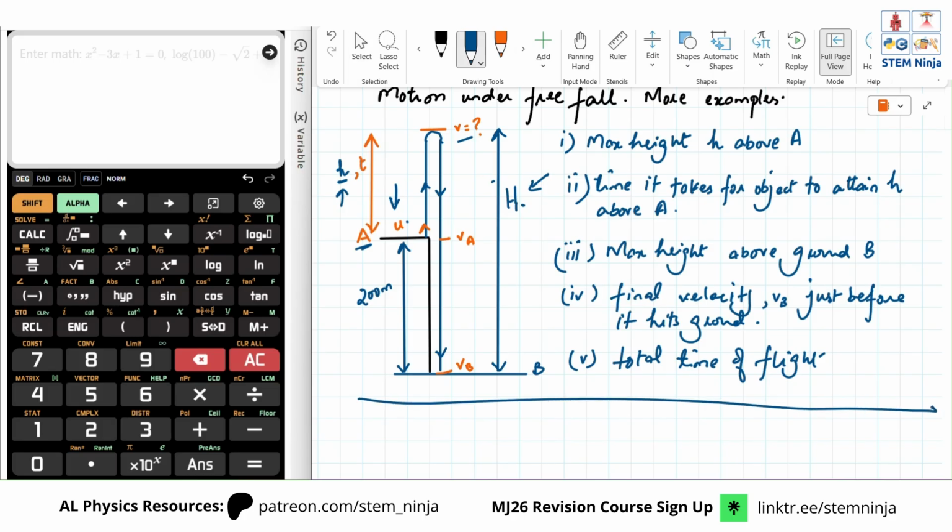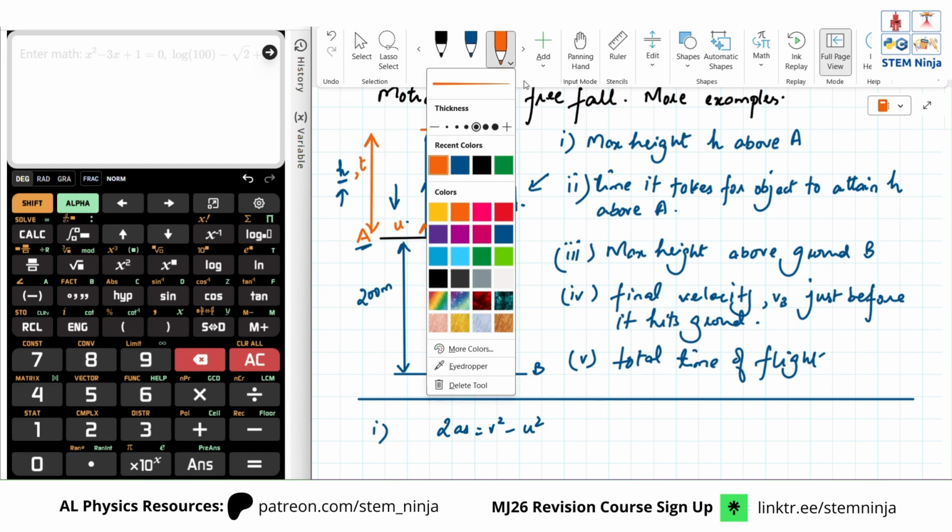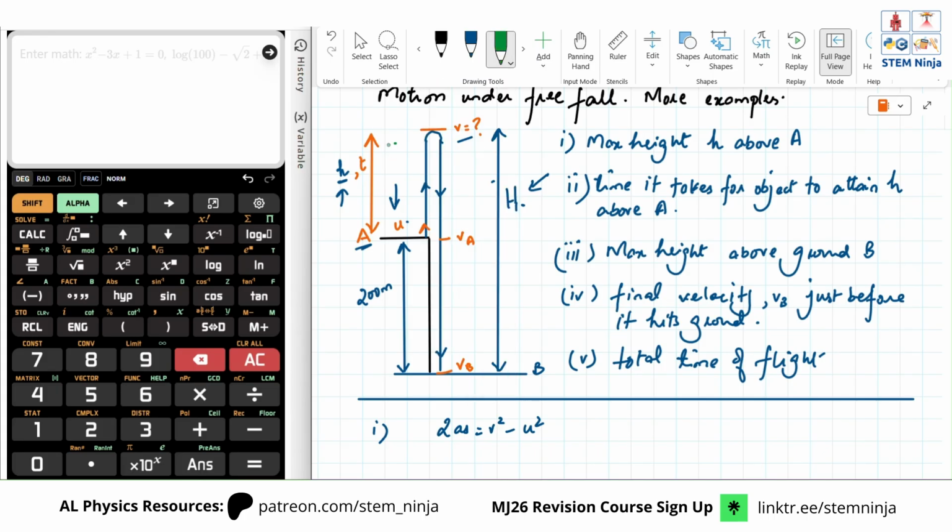So first off, to find the maximum height small h above A, we know that 2as = v squared minus u squared for the upwards motion. Since we have a back and forth motion, going up and down, we will assign the positive direction to be upwards. That means upwards displacement and upwards velocity will be taken as positive.